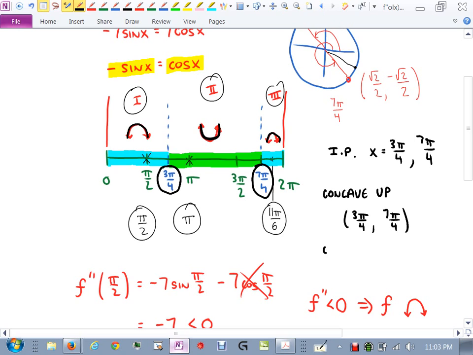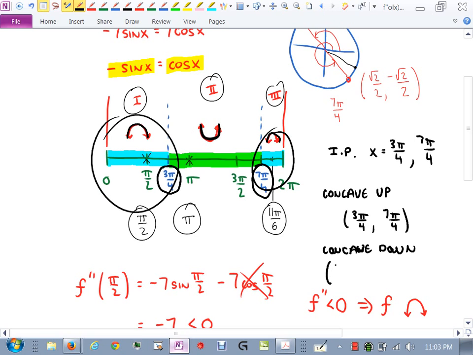I'm concave down, remember it was 2 regions, this one and that one, so from 0 to 3 pi over 4, and then also from 7 pi over 4 to 2 pi. Okay, that should be it. Let me see if I'm missing anything here. Inflection points, got those.